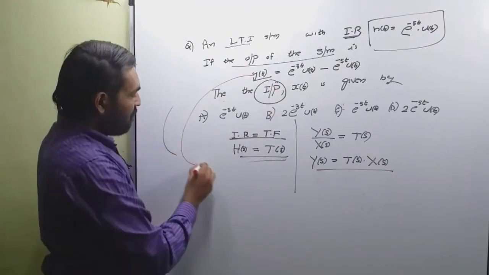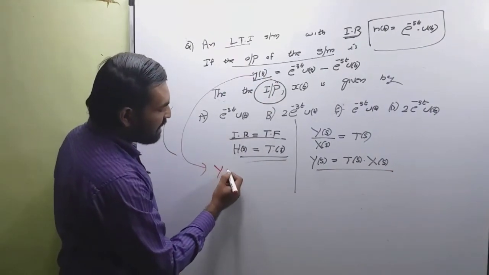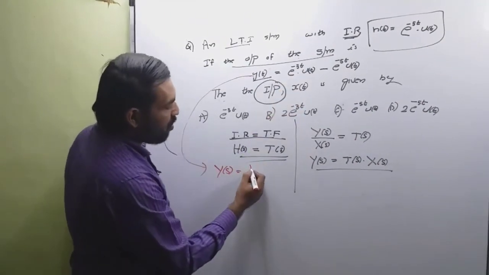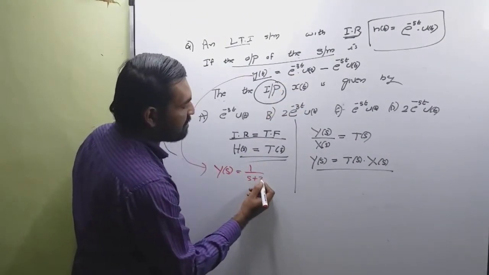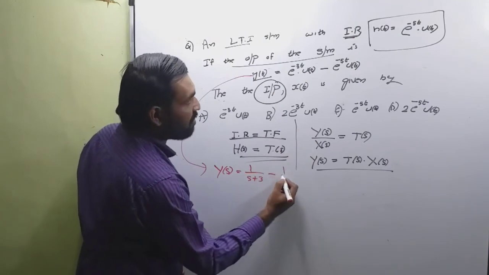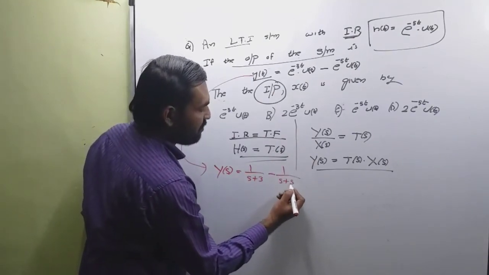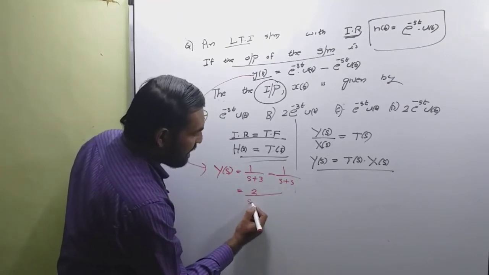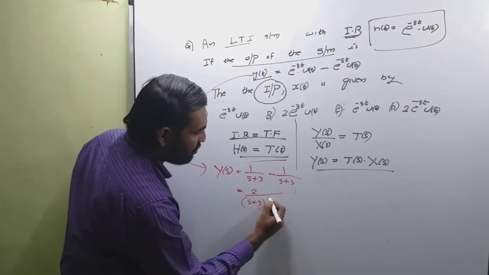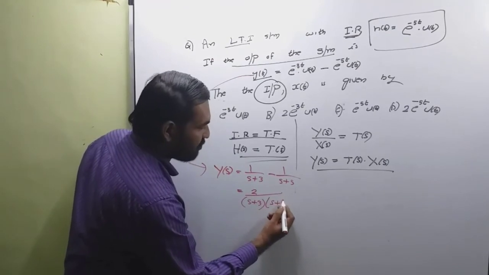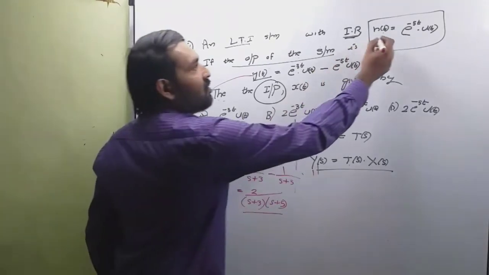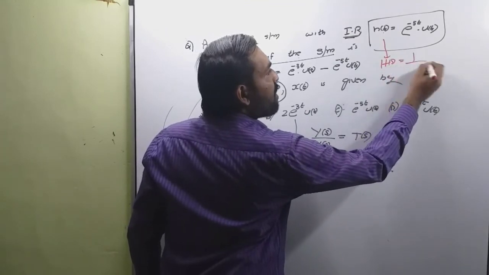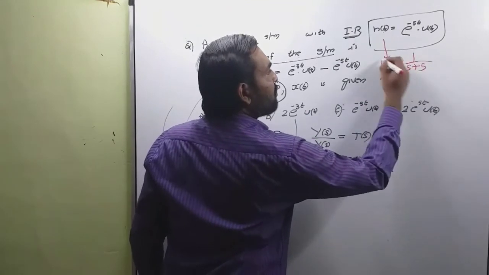This is our y of t. So the Laplace transform of y of t is Y of s, that is equal to 1 by s plus 3 minus 1 by s plus 5, that is equal to 2 divided by s plus 3 into s plus 5. Okay, so h of s is equal to 1 by s plus 5.